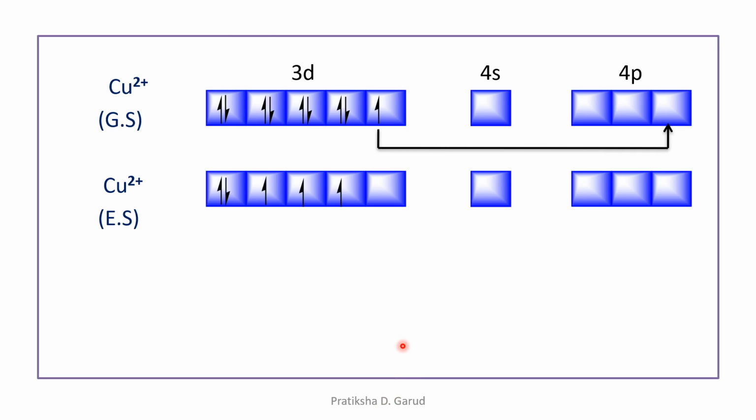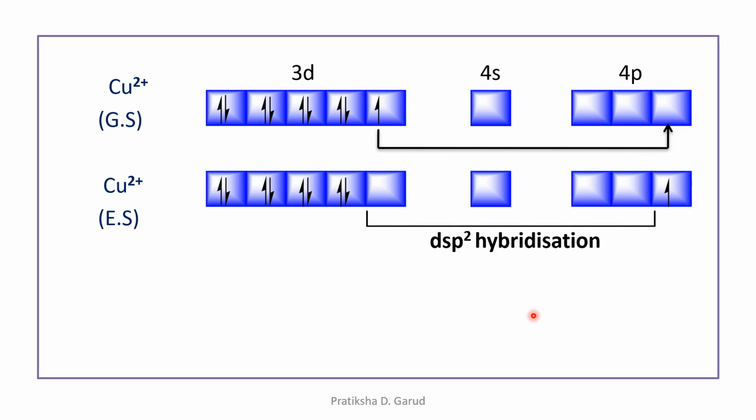Then fifth will be paired, sixth will be paired, seventh will be paired, and the eighth will be paired, right? Then by using this we can say that the 1d, 1s and the 2p are vacant. And finally the one electron from the 3d is shifted to the last shell, the 4p. So in this way we have the dsp2 type of hybridization.